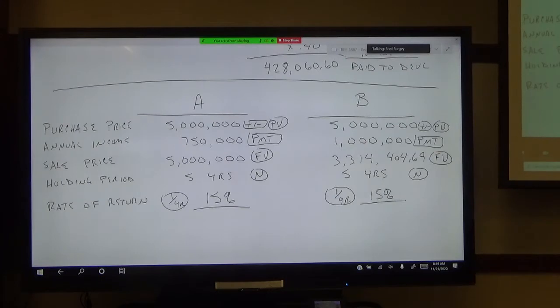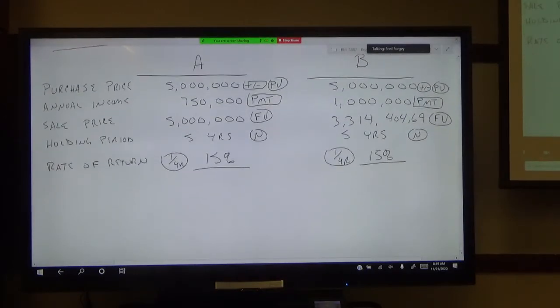Okay, so just to take the quick little poll, okay? Let's go down here just for a second. A, B, let's say low, high. This is the poll. This is not the answer. This is just a poll to see how each of you are sort of responding. How many of you are saying that portfolio A has the lowest risk?